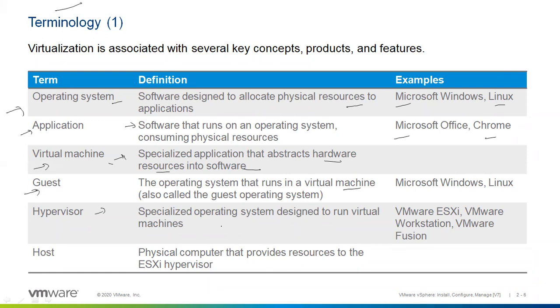Hypervisor. Hypervisor is again a software layer on top of which you are going to run your virtual machine or your virtual server. So these are some of the examples: VMware ESXi, Workstation, Fusion, but ESXi is the most prominent one that we are going to use in production environments.